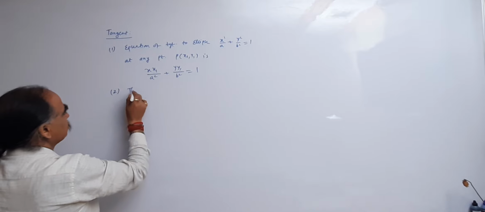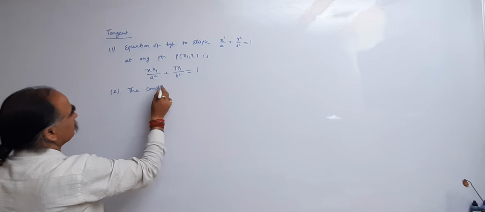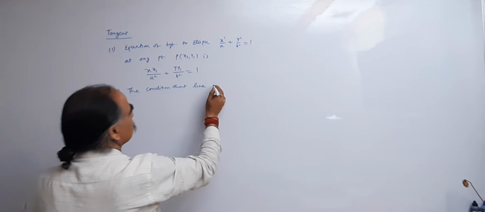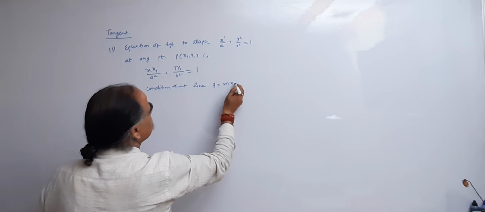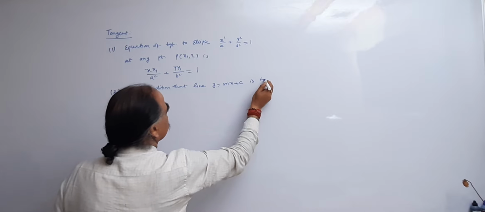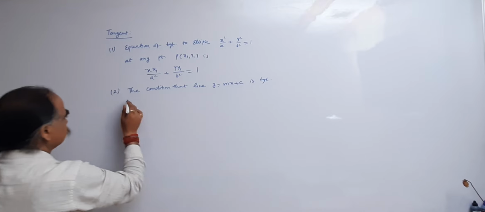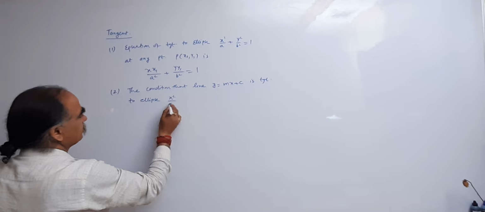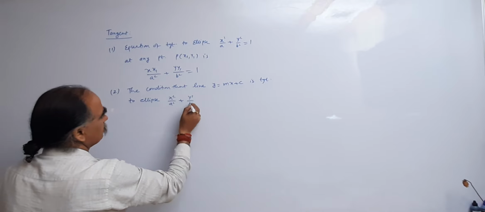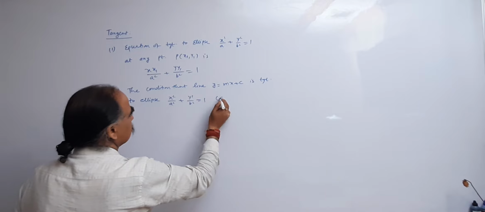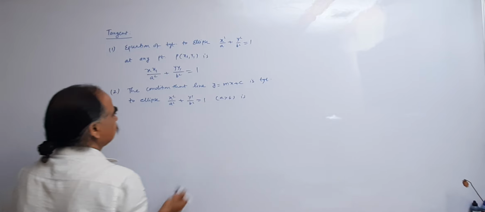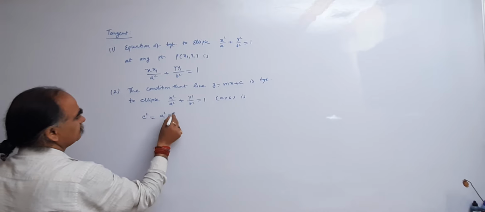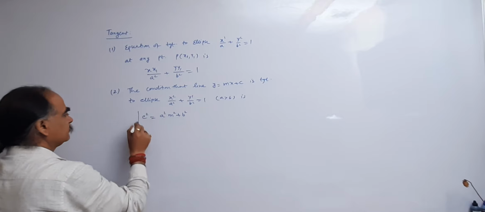The condition that the line y is equal to mx plus c is tangent to the ellipse is c square is equal to a square m square plus b square.